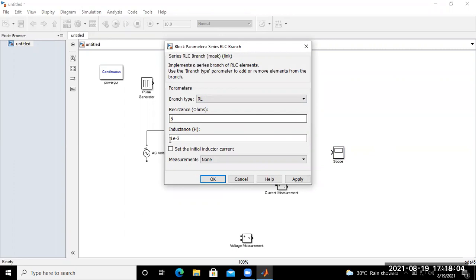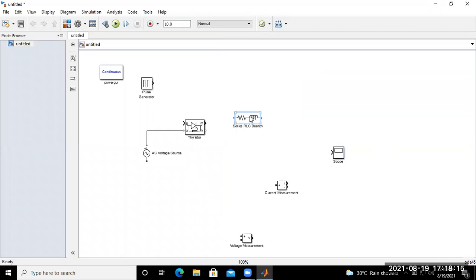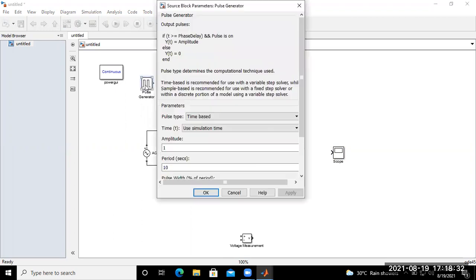Alright. And suppose that this inductance value is put here. Just connect this circuit to here and this load from here to here. Now the pulse generator.